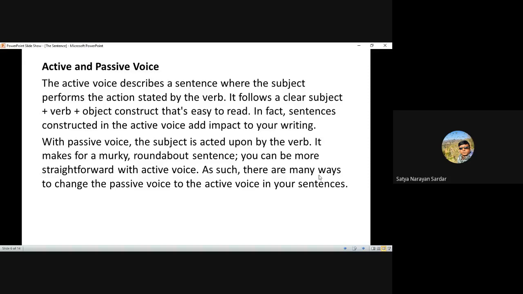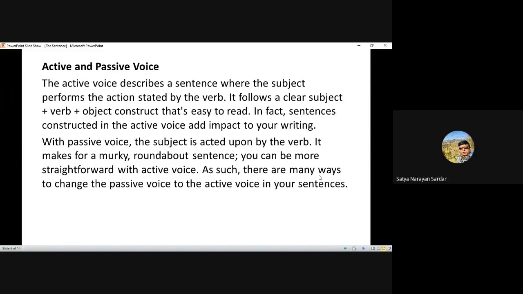For example, Marie Curie discovered radium. Am I right? Yes, sir. Marie Curie discovered. But mostly what we say is, radium was discovered by Marie Curie. Right? Yes, sir. We prefer the second sentence.